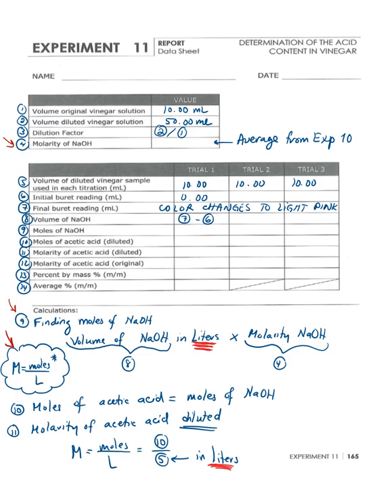For the acetic acid sample, you know the volume, you're using 10 milliliters in your samples, but you don't have a concentration. That's what you're trying to find out. For the sodium hydroxide, you know the volume from your burette and you know the concentration. So for sodium hydroxide, you have 2 out of the 3 things in your molarity equation, which means that you can calculate the moles of sodium hydroxide.